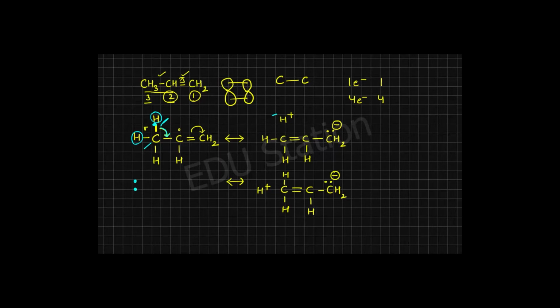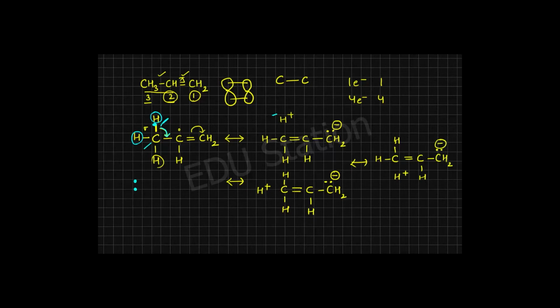It could have been this hydrogen also, then our structure would have looked like this: C H, H H plus double bond C H, CH2 negative.